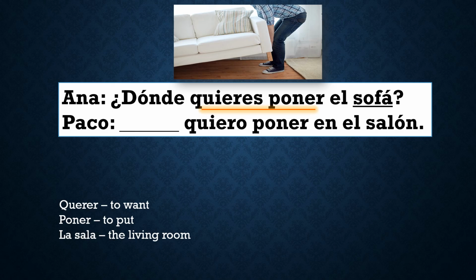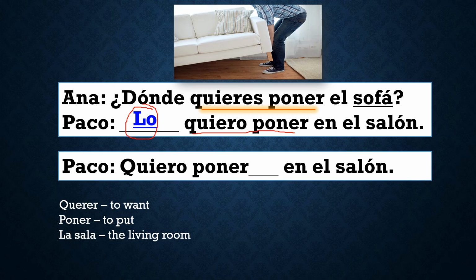These two verbs are working together as a verb phrase. And to reply, we could put our direct object pronoun lo before the entire verb phrase. Lo quiero poner en el salón. I want to put it in the living room.